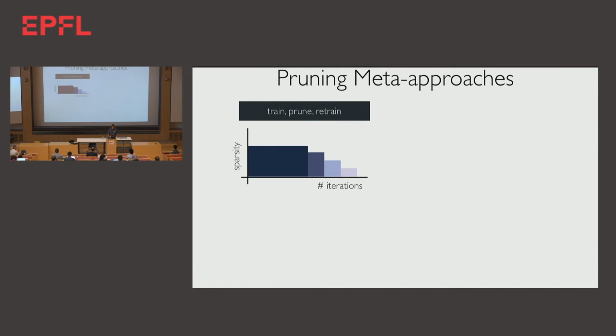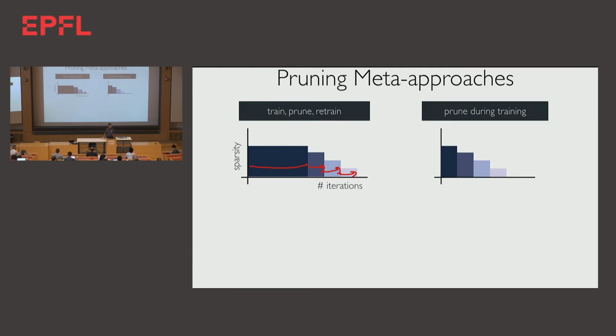The first one is the train, prune, retrain type of method, like deep compression, where for the vast amount of time I just train a dense model, and then I sparsify a little bit, and then a little bit more, and then a little bit more. The levels are how many parameters I have remaining in my training, and the x-axis is just epochs or passes over the data or iterations, whatever you like.